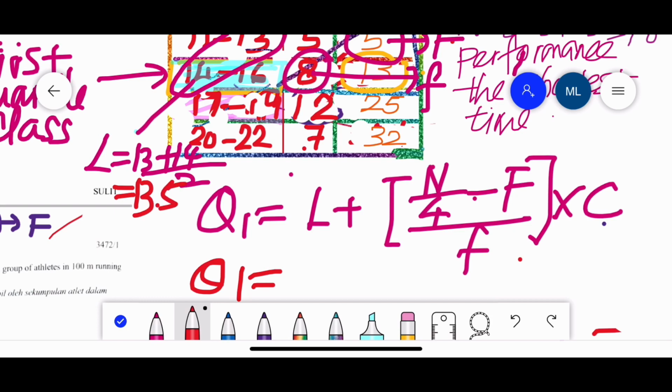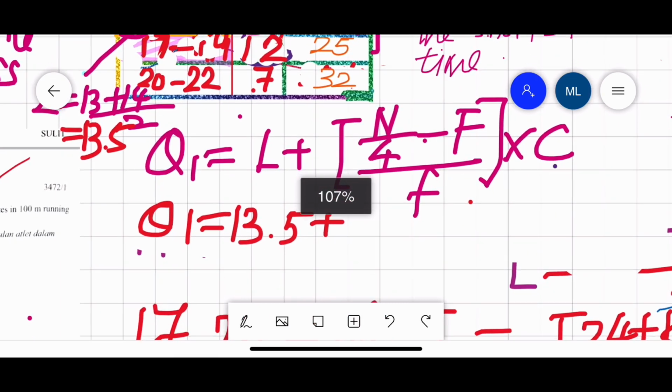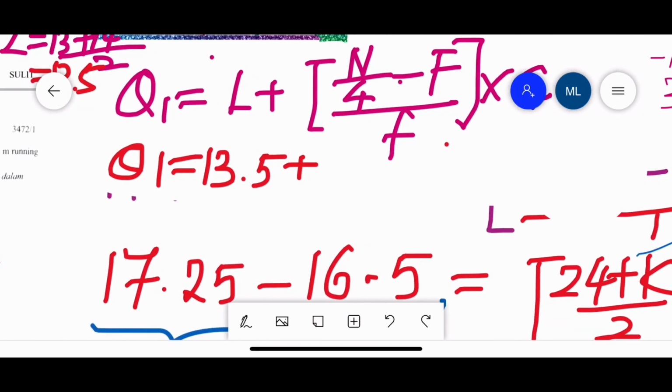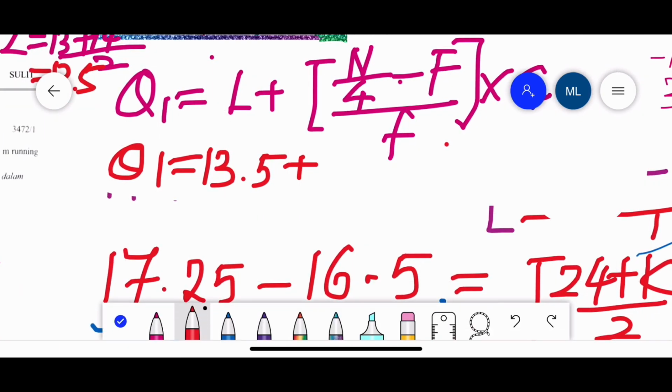And for this one is easier because you just press the calculator. So the L is 13.5. Just take 13 plus 14 divided by 2. Then now we need to substitute all the information into the first quartile formula.